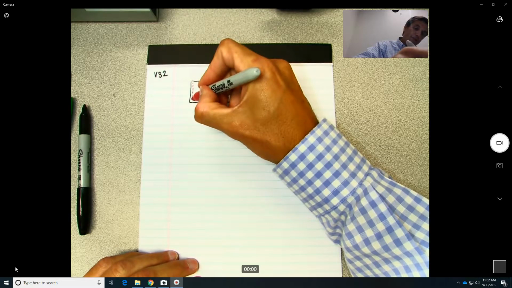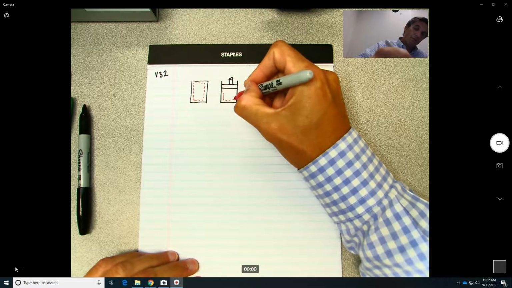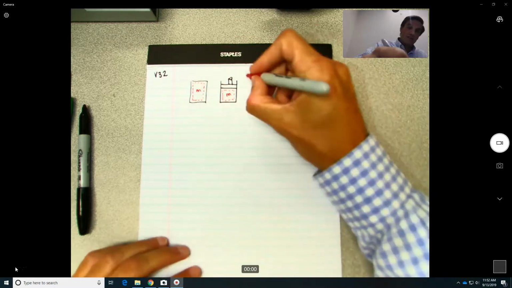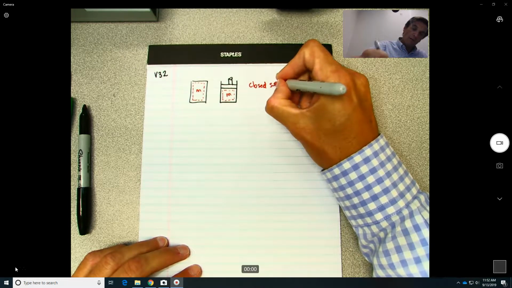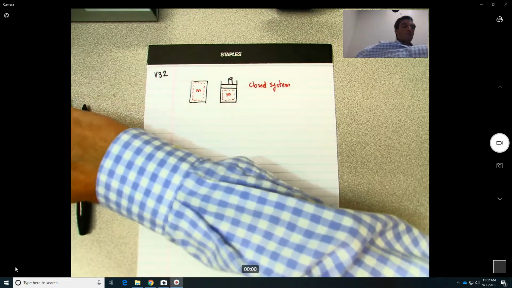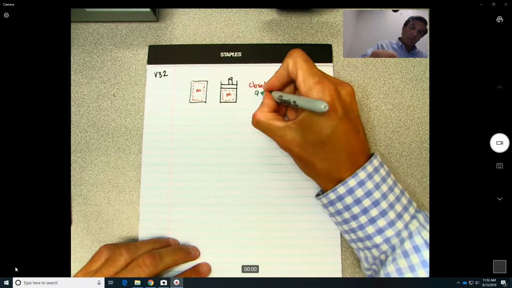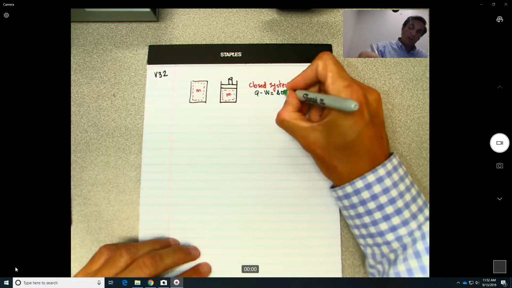For this type of system, I like to say the mass is constant. We derived the first principle of thermodynamics equation, Q minus work equal to change in energy.